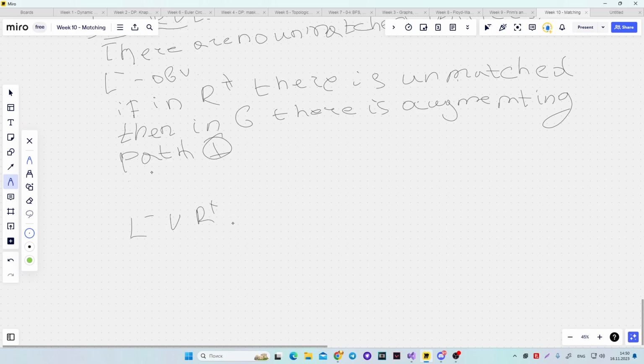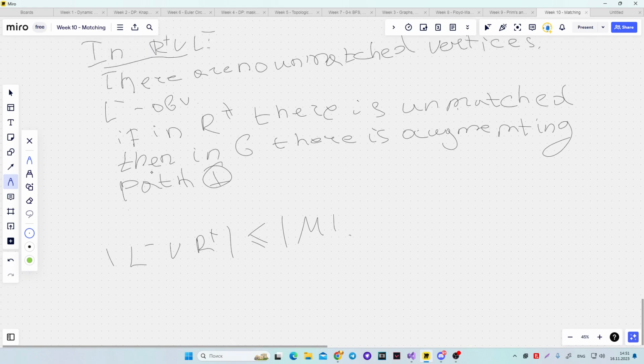Okay. We consider estimates. We need to prove that this set is less or equal than matching. Why is that true?